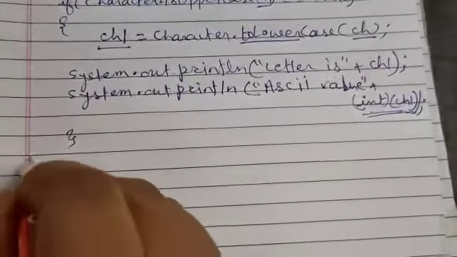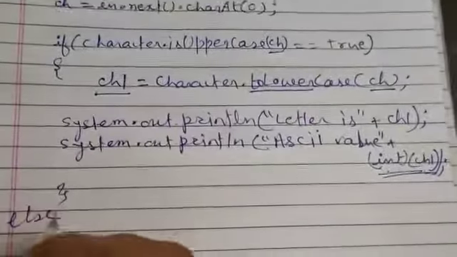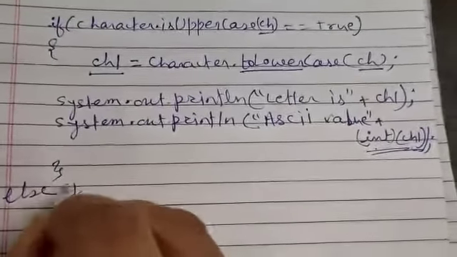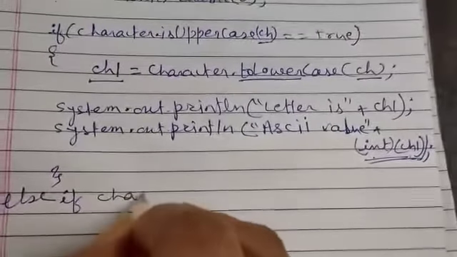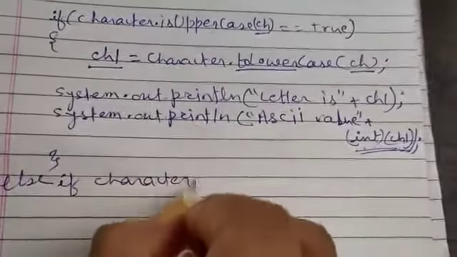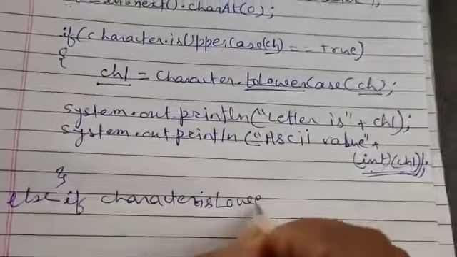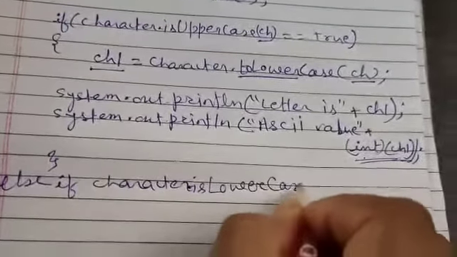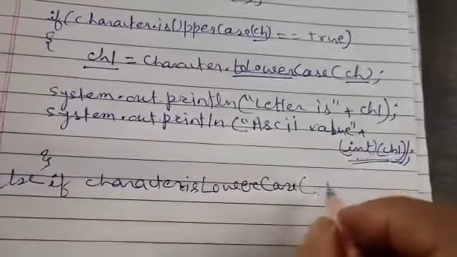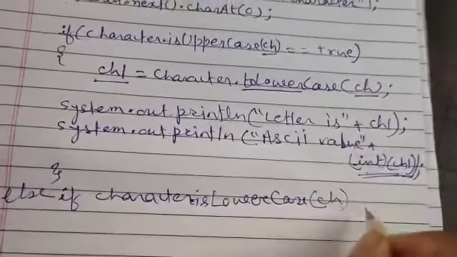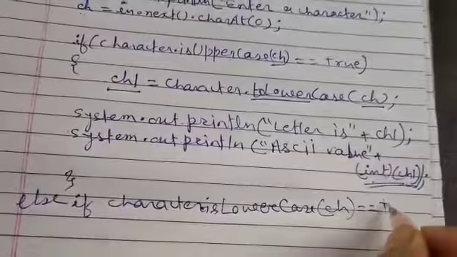This one will be over here, but there is an else part also. What is in the else part? In the else part I can write another condition: if my Character.isLowerCase(ch), that means my character is in lowercase, then what will be done?